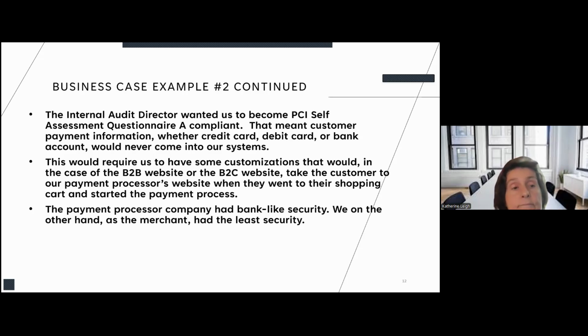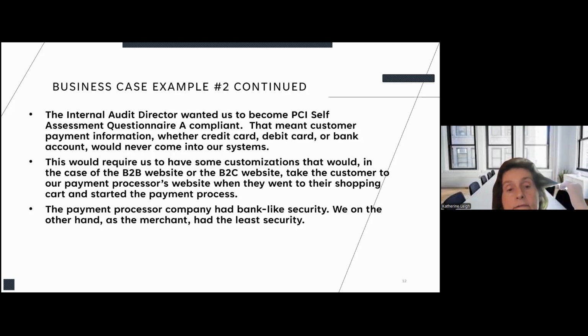And if a customer called in to our office and had their order placed by a direct response representative, who would then put the order into our systems, once again they would be taken to the payment processor's website where they would put in the customer's payment details.